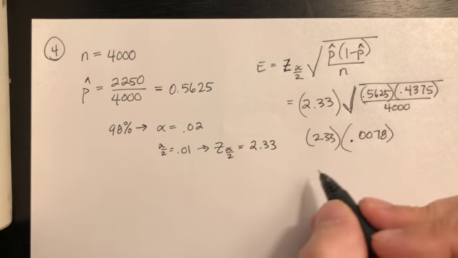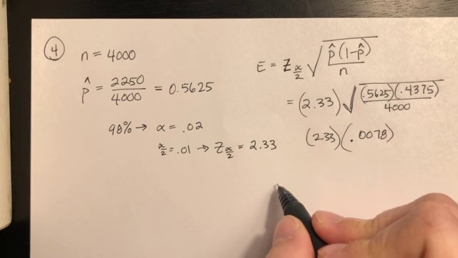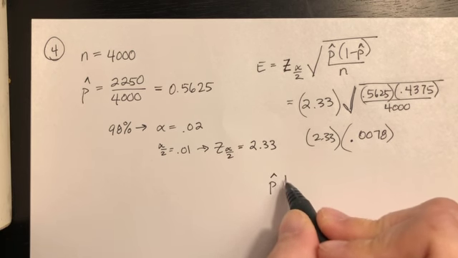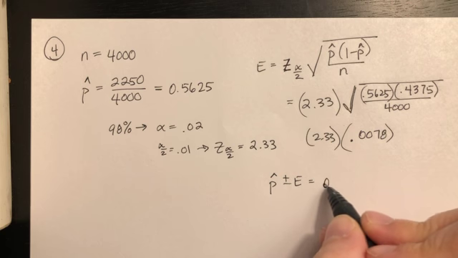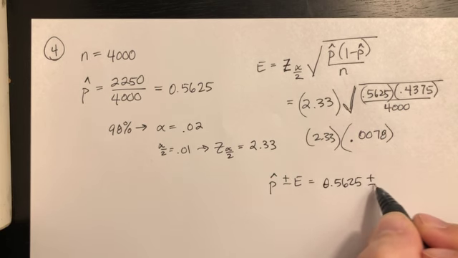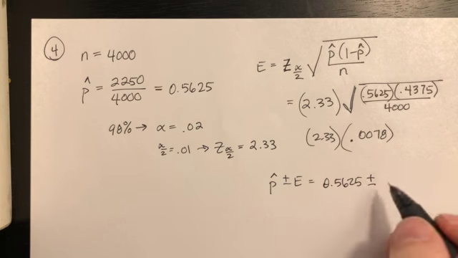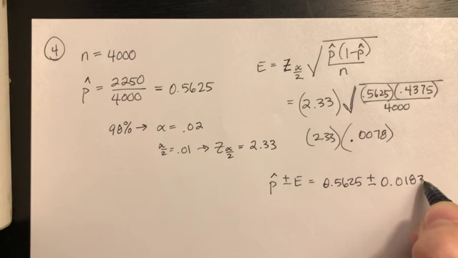They want a confidence interval, right? So the p hat plus or minus E is going to be 0.5625 plus or minus, I'm going to use 10,000, so that's 4 decimal places, 0.0183 when I round it.